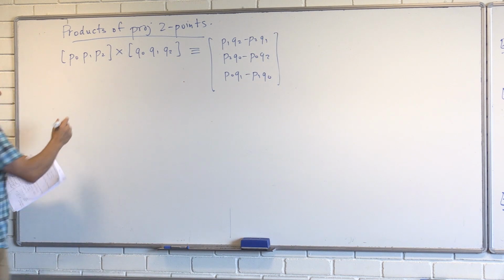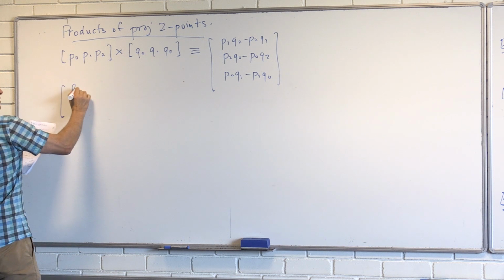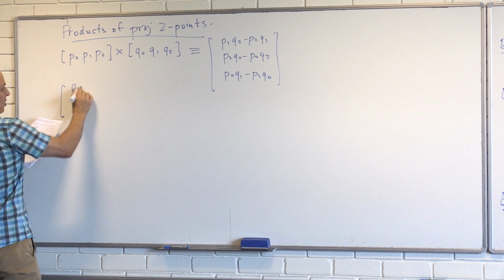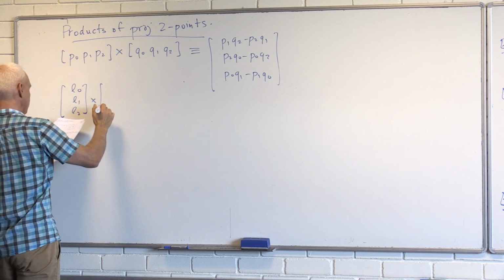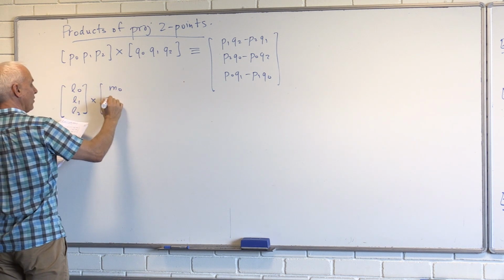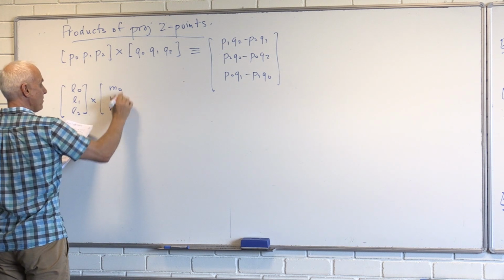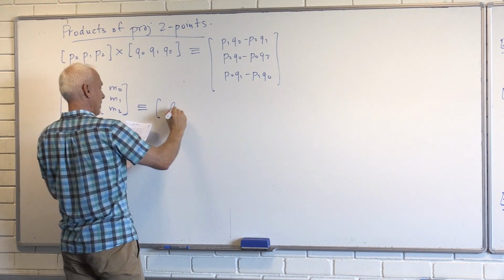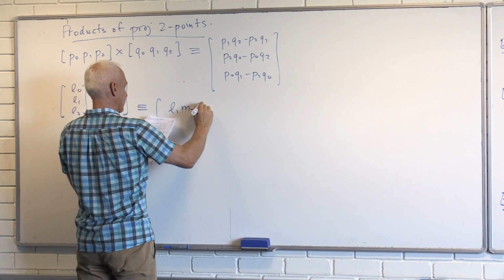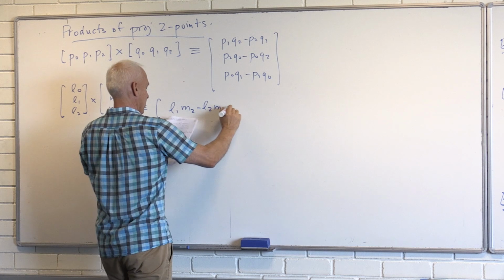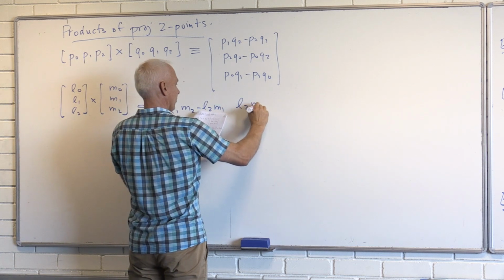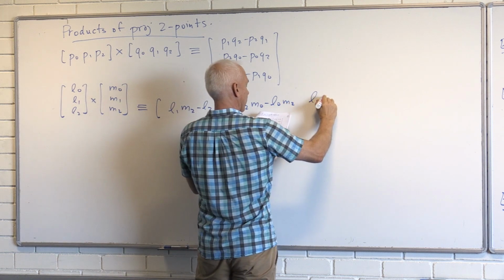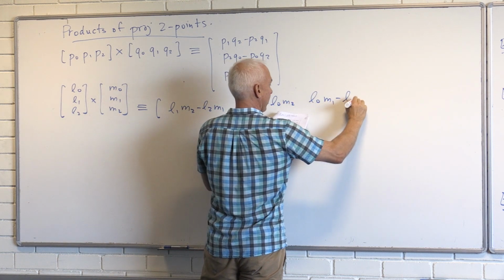Correspondingly, we'll also define the product of 2 column projective 2 points, say L0, L1, L2 and M0, M1, M2. That's going to be the row L1 M2 minus L2 M1, L2 M0 minus L0 M2, and L0 M1 minus L1 M0, same formula.